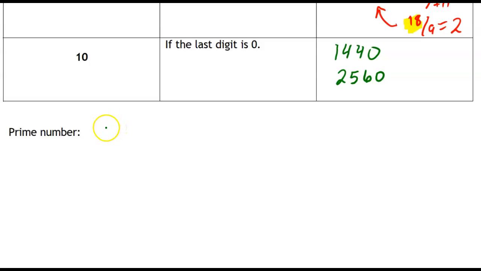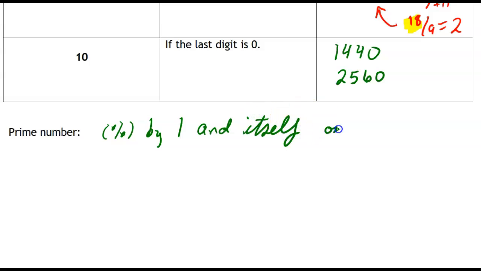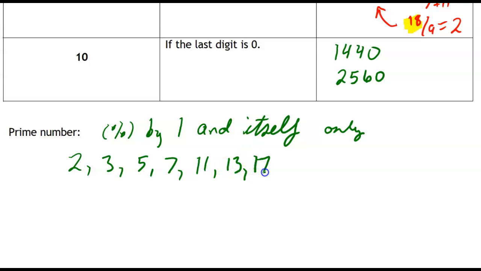So a prime number essentially divides by 1 and itself only. So we have 2, 3, 5, 7, 8, 9, no, 10, no, 11, 13, 17, 19, 23, and so on.